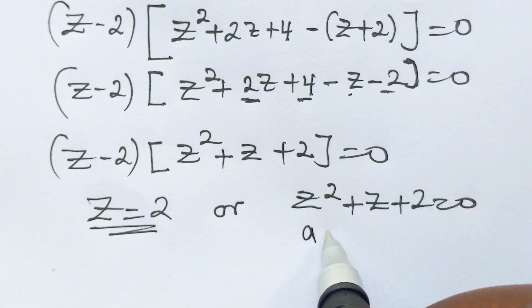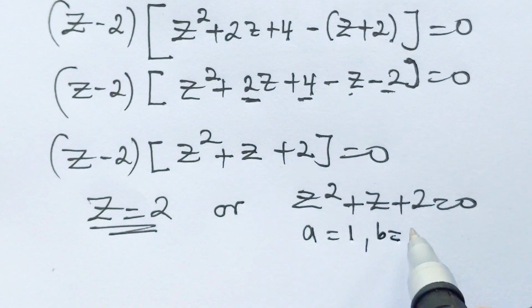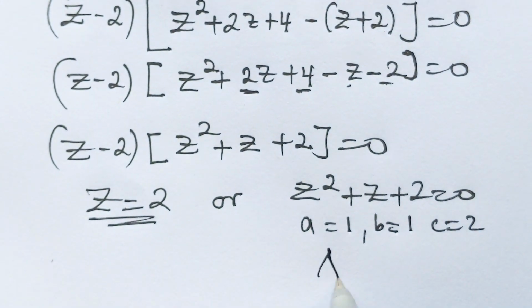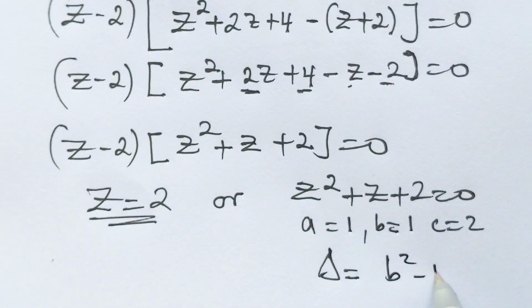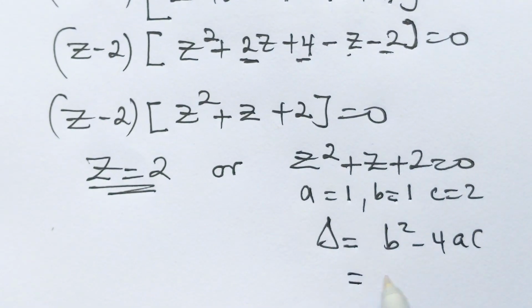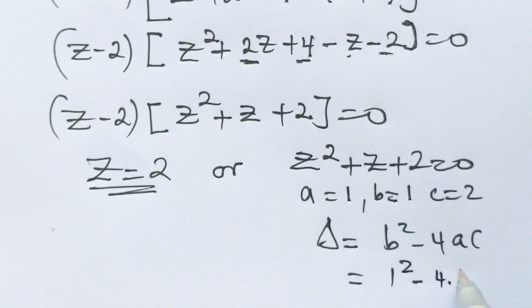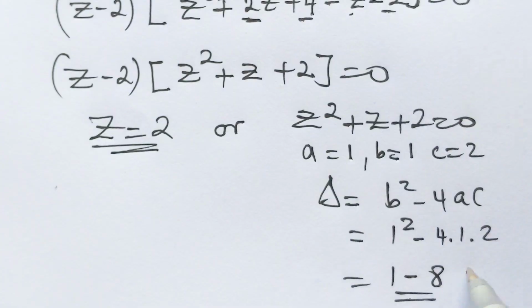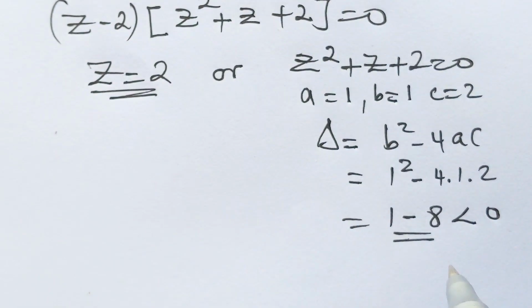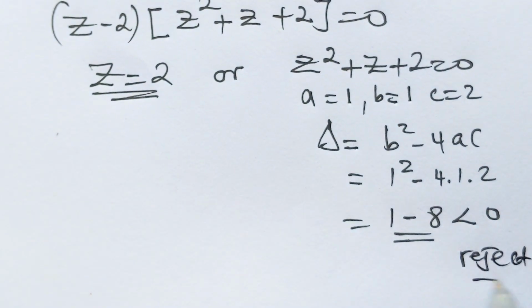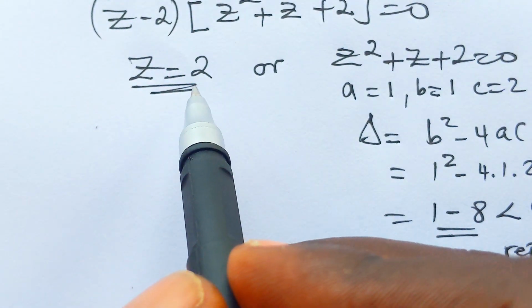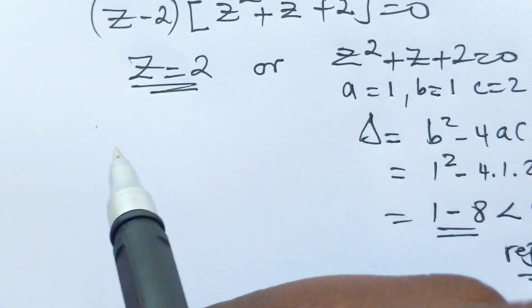We have a equals 1, b equals 1, and c equals 2. We find delta, b squared minus 4ac, which is 1 squared minus 4 times 1 times 2, that is 1 minus 8, which is less than 0, and this will be rejected. We still remain with z equal to 2.